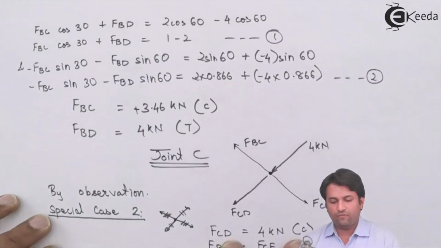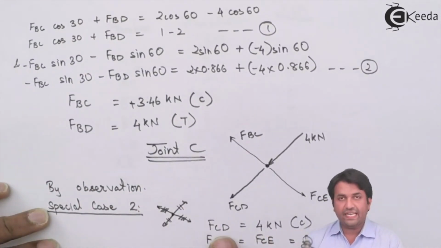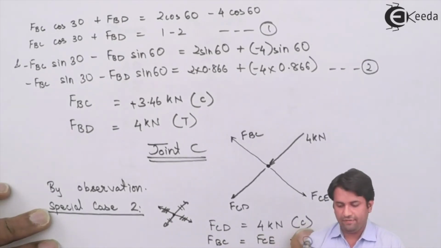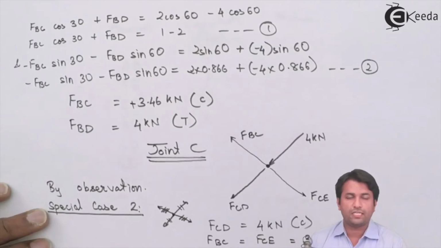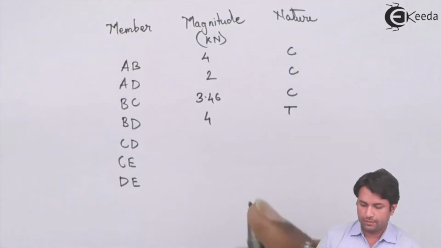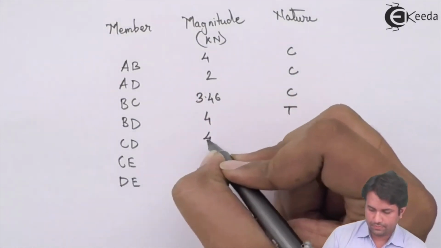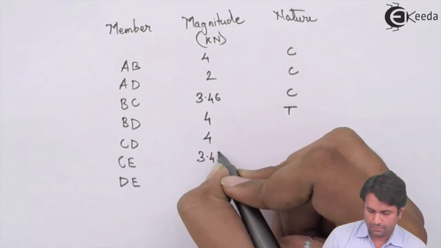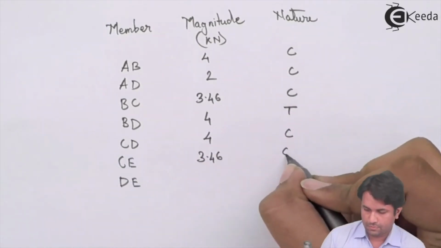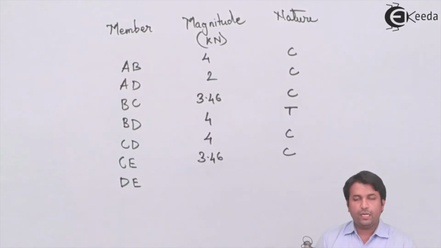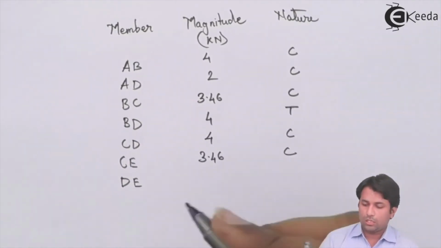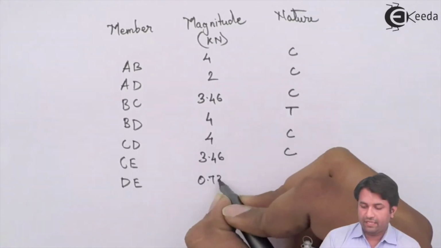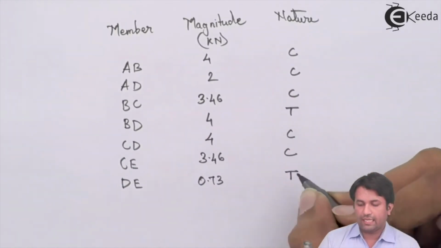Similarly, if I look at joint C, I have CD as 4 kilonewton compressive and CE again a compressive force of 3.46 kilonewtons. And the last step that we did was to find the force in member DE, which was 0.73 kilonewtons tensile.